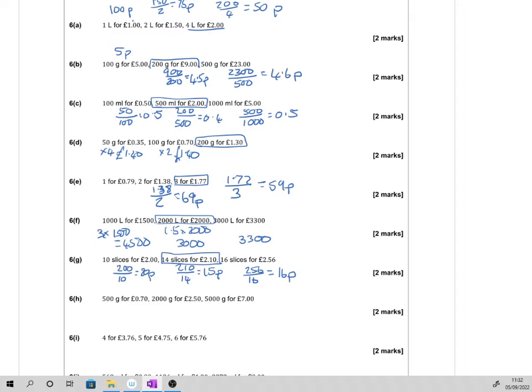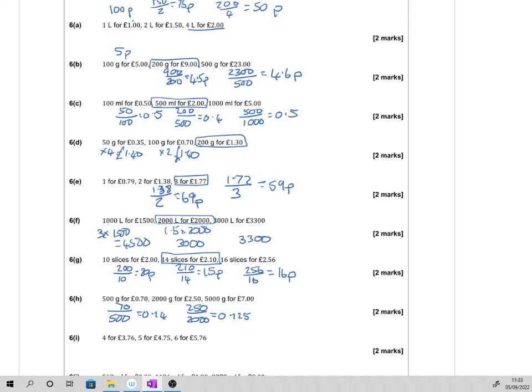Right. 500, 2,000, 5,000. Okay, 70 pence divided by 500 is 0.14. 250 divided by 2,000 is 0.125.